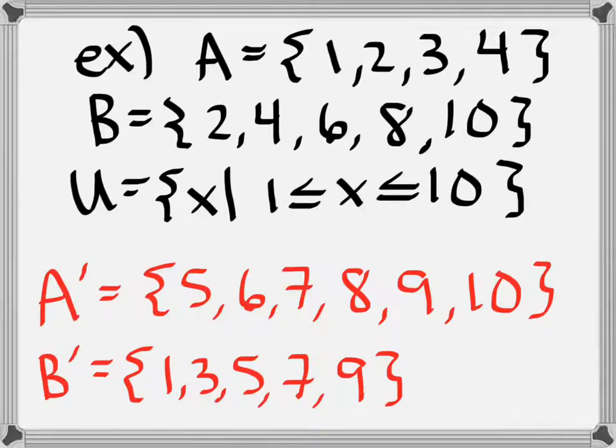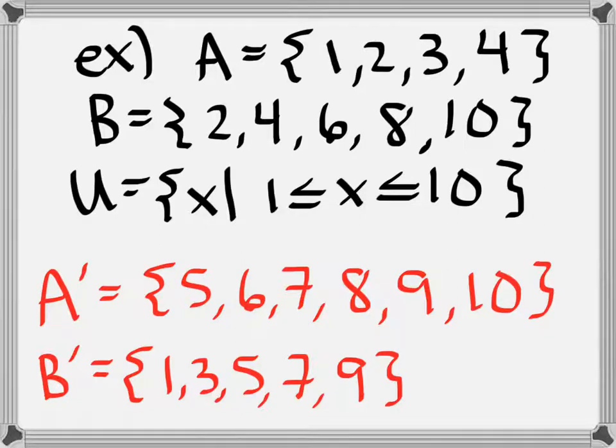But because we're restricting our universe to consist of only the numbers 1, 2, 3, 4, 5, 6, 7, 8, 9, and 10, when I say A complement, that tells me I'm looking for all of the numbers in the universe that's not in A. So I take all the numbers 1 through 10, and I don't want to consider 1, 2, 3, and 4. So A complement consists of the numbers 5, 6, 7, 8, 9, and 10.